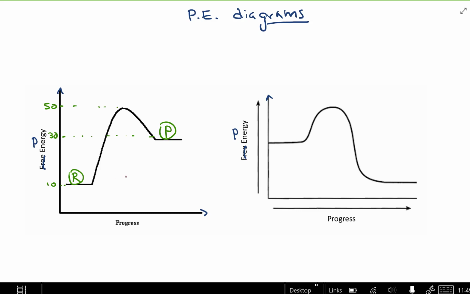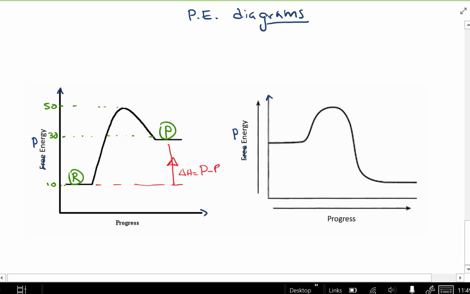And so what's happening here? How do we explain this? We can say the reactant to the product upward movement is called the enthalpy change, the delta H. That's actually product minus reactants. Products are at 30, reactants are at 10, 30 minus 10 will give you plus 20.